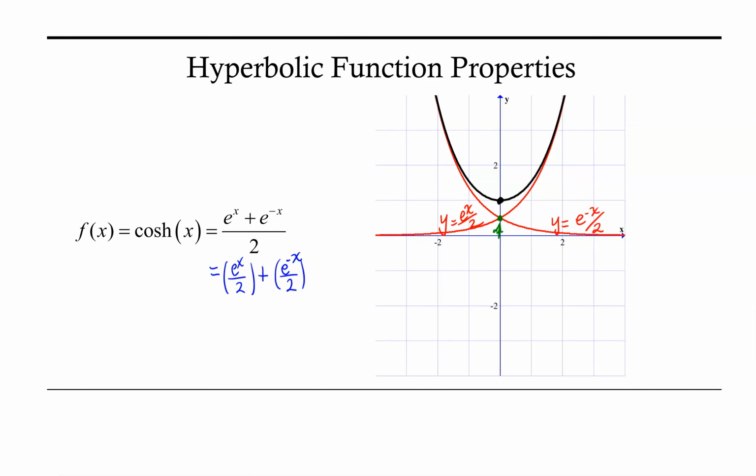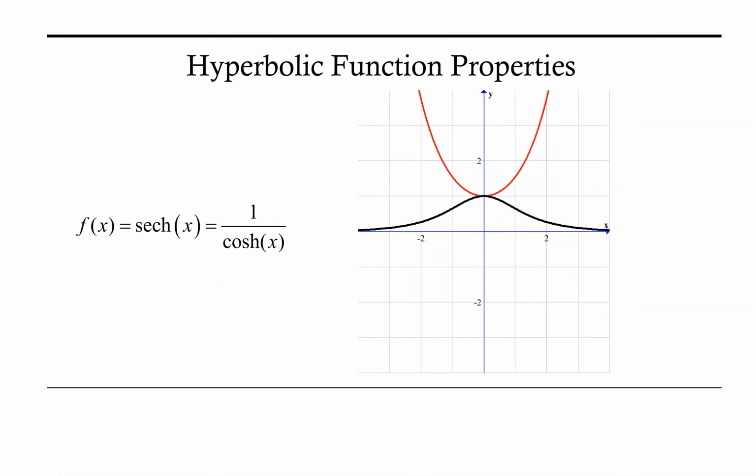Now let's note that the domain of the cosh function is all real numbers. However, the range is from 1, including 1, to infinity.